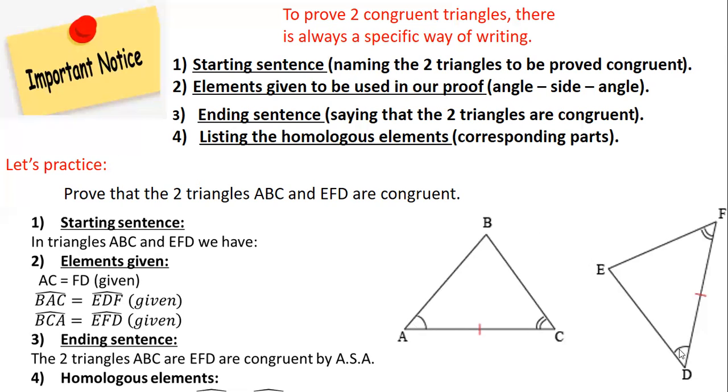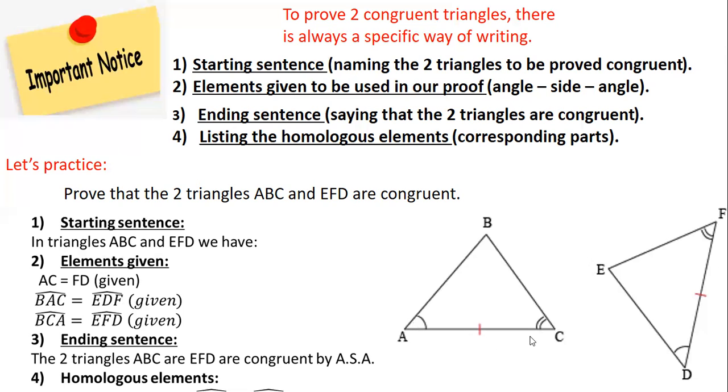This and this are equal by given, so I don't use them in homologous elements. This angle and this angle are equal by given, so I don't use them either. This angle and this angle, angle ABC and angle DEF, will be equal to each other. This is the first homologous element.